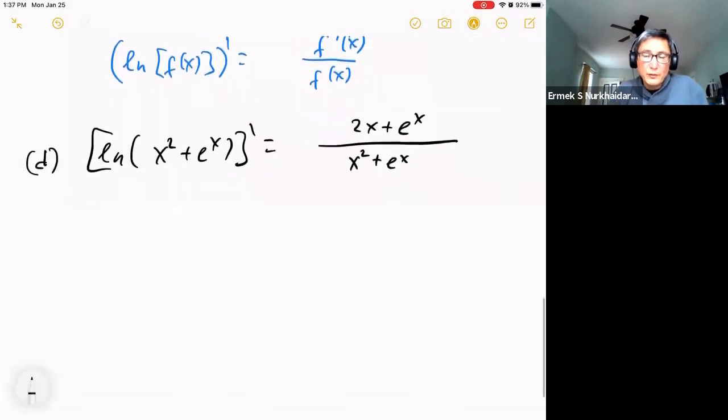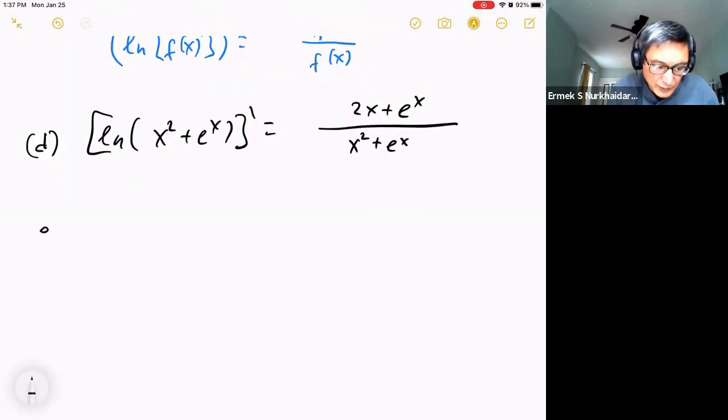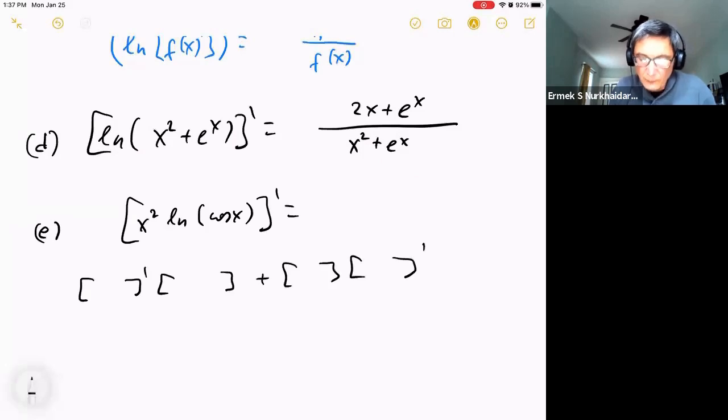And when we're taking derivatives, of course, the rest of the rules will also follow, for example product rule and quotient rule. Say, I will do an example with product rule. If I want to do x squared times ln of cosine x, I'll do product rule. That's my scheme for product rule. In the first brackets, I'll put x squared.